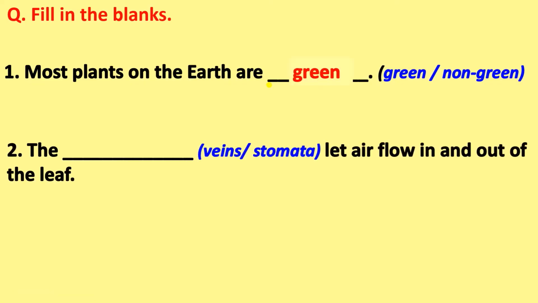Question number 2. The dash let air flow in and out of the leaf. Look at the options. Options are veins and stomata. And the answer is stomata.